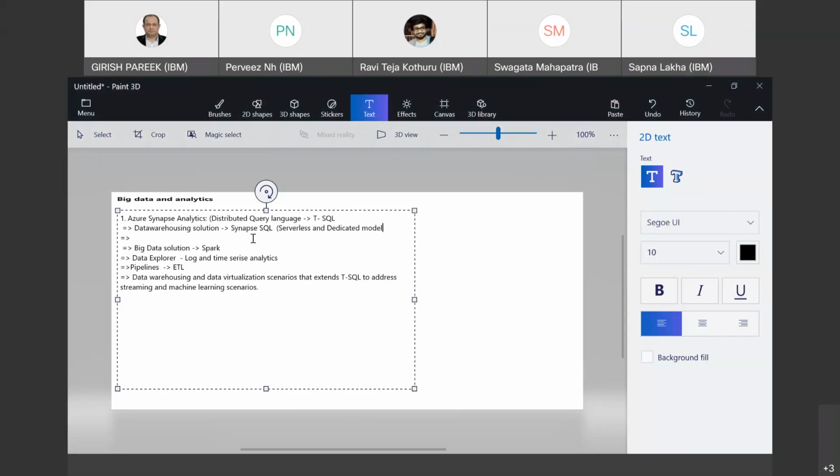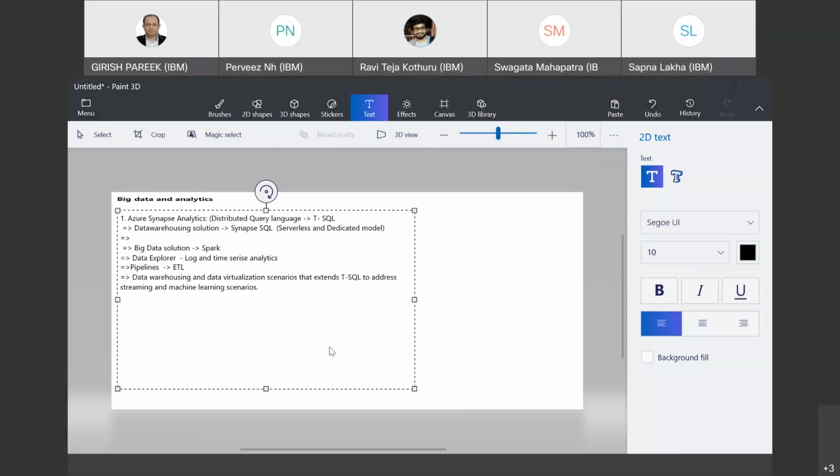It processes the data coming in big data forms into SQL tables. So it creates a dedicated SQL pool to reserve processing power for data stored in the SQL tables.